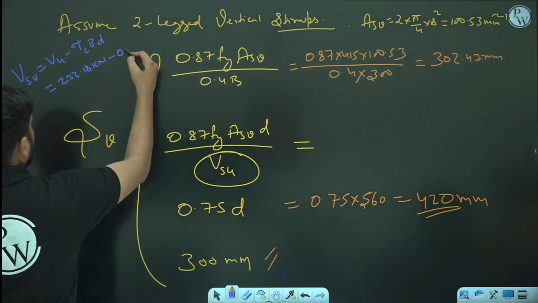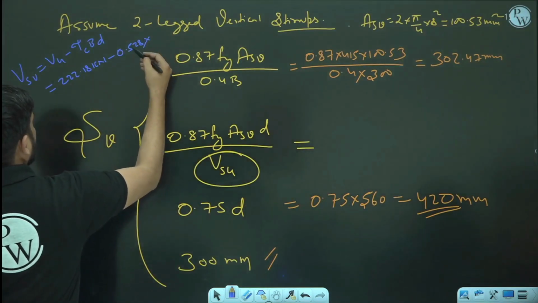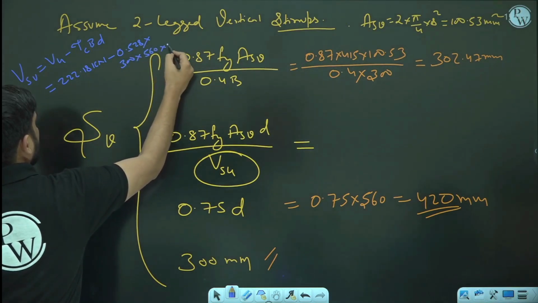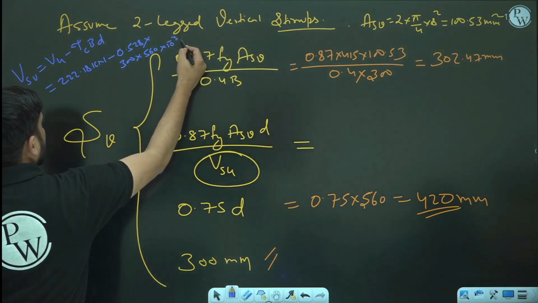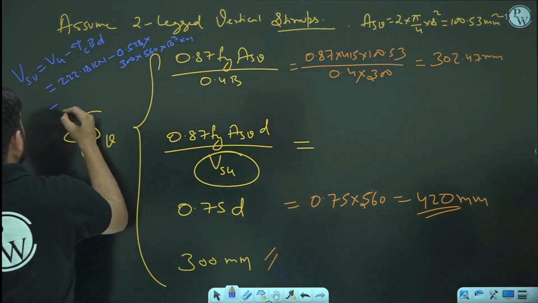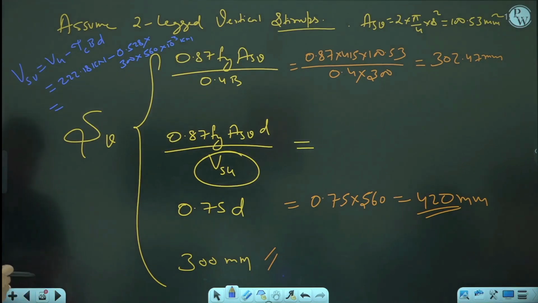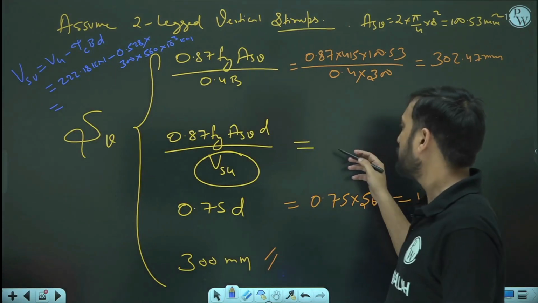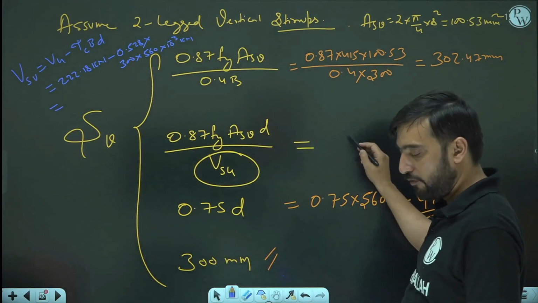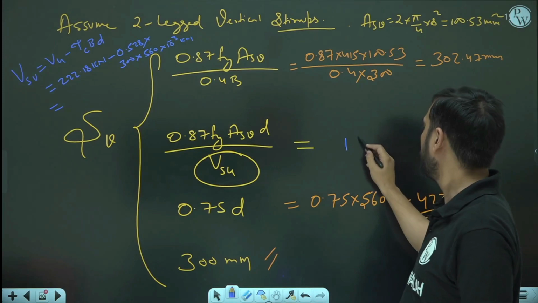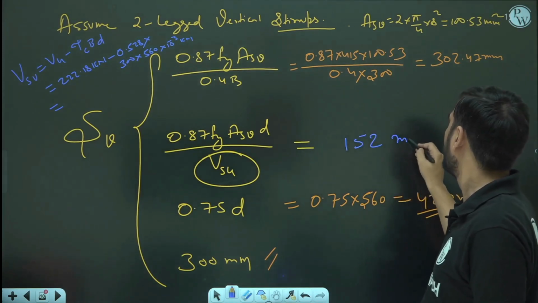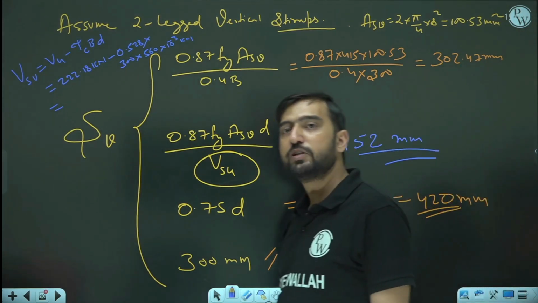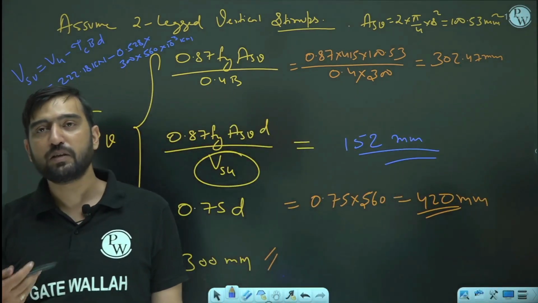So it is 0.528 into 300 into 560, in Newton, so into 10 raised to the power minus 3 kilonewton. On substituting that value of VSU here, you would be getting 152 mm. So you can go with two-legged 8 mm stirrups spaced 150 mm center to center.